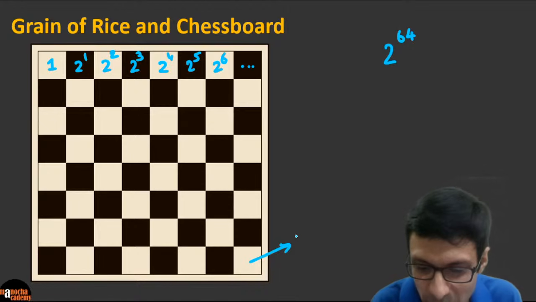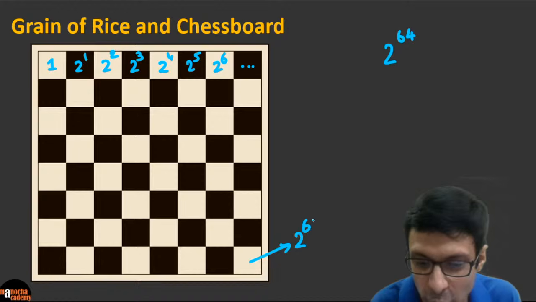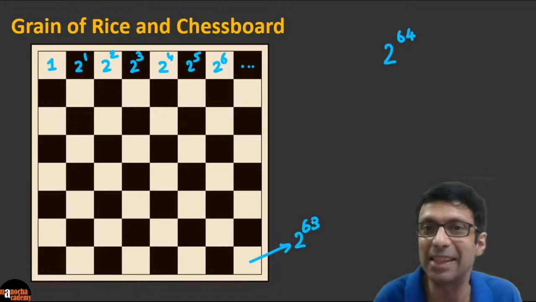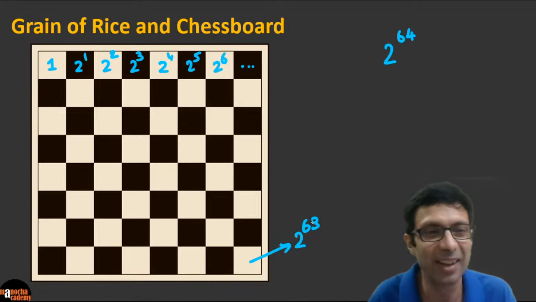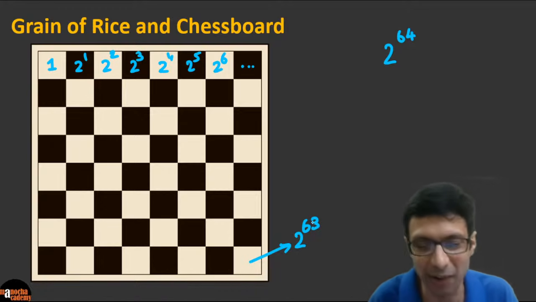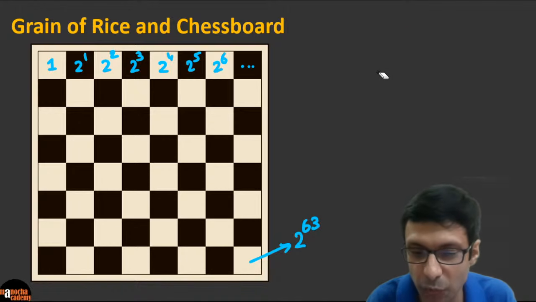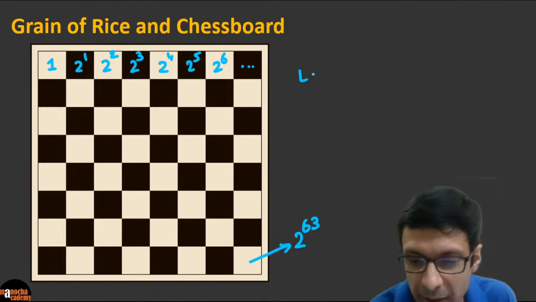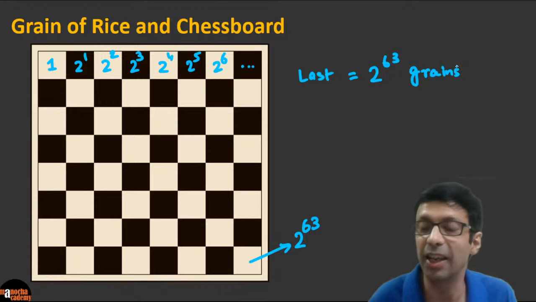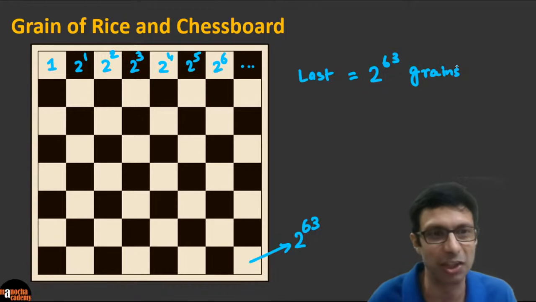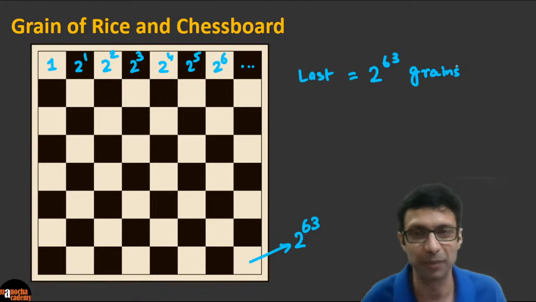It's 2 to the power 63, because we multiply by 2, 63 times, since the first one had 1 grain of rice. So see how easy it becomes with exponents. So the last square will have 2 to the power 63 grains. And in fact, I think the king's supply finished off in the middle of the chessboard, because it's a huge number, right?